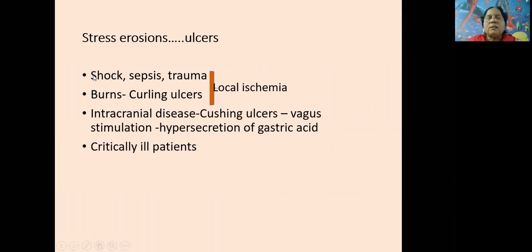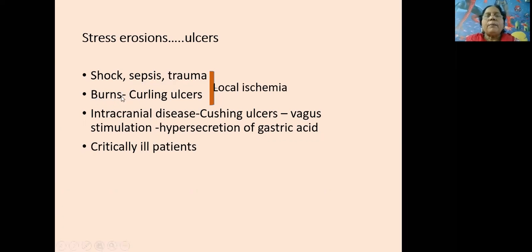There is shock, there is hypovolemia, and blood supply to non-vital organs such as the stomach is reduced. So the stomach gets less blood supply, the mucosal vasculature cannot supply enough oxygen and nutrients, and acidity overruns. Then sepsis and trauma have the same pathology.